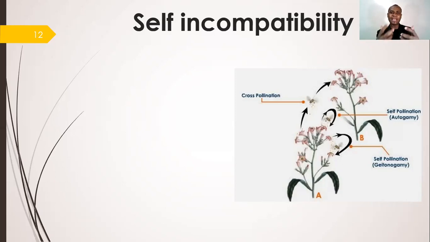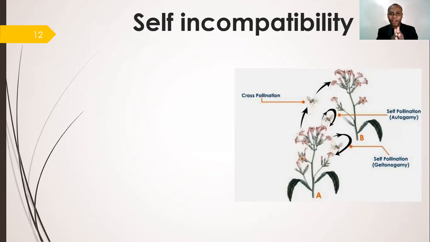So if you realize that most of the flowers on your cacao tree are falling down, it could be that self-pollination is taking place on the cacao farm or on the trees. And when self-pollination is taking place, most of the flowers are going to fall, because of self-incompatibility.